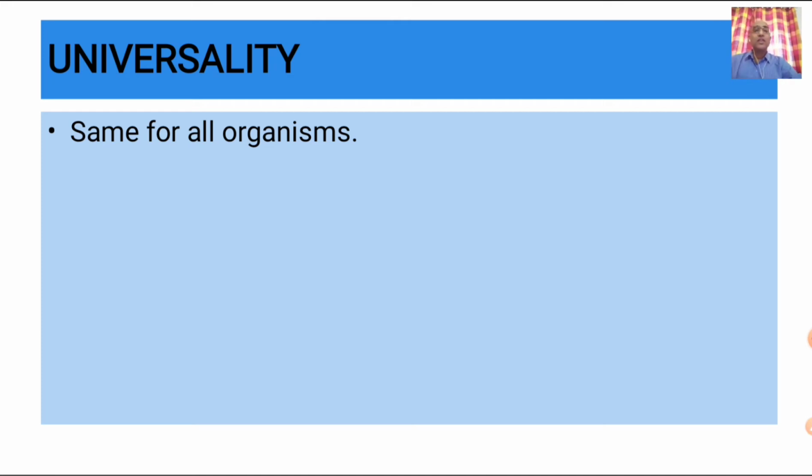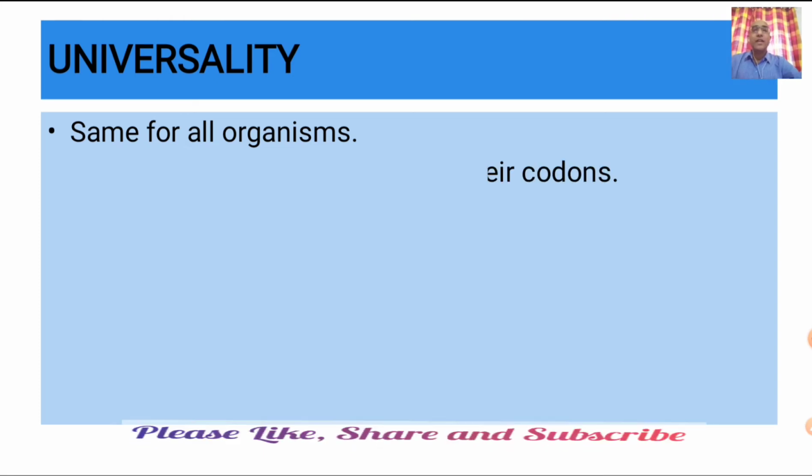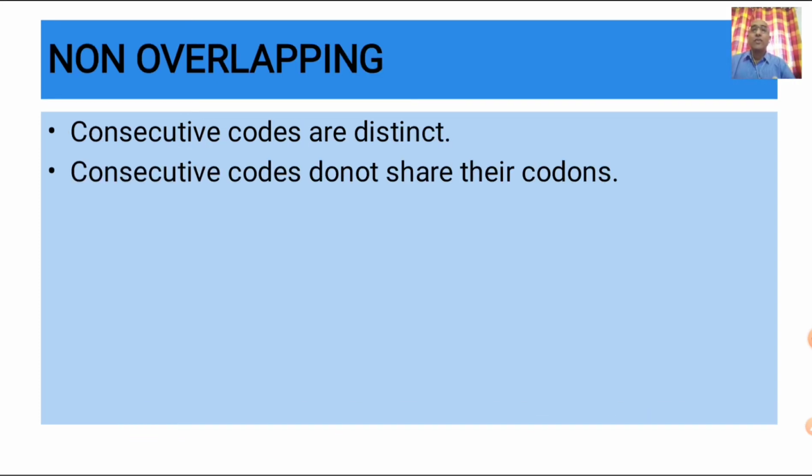Next one is the non-overlapping nature. Non-overlapping means the consecutive codons, that is codons that are present consecutively, do not share their bases. They are distinct.